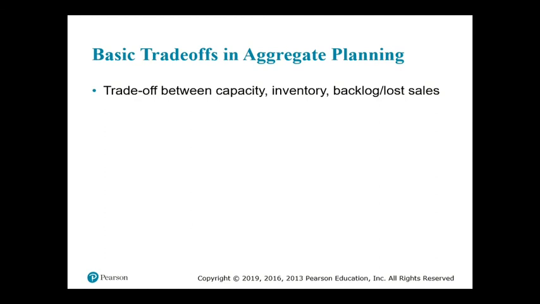The more capacity we build, the less need for inventory. The more inventory we build, the less expected backlog or lost sales. But the more lost sales and backlog, meaning lower service level, the lower the need for inventory and for high capacity.